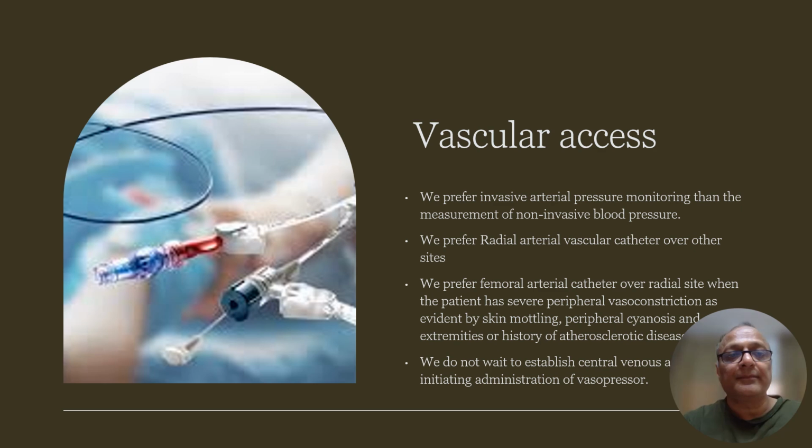We do not wait to establish central venous access before initiating vasopressor, as it delays administration. We start norepinephrine with a wide bore peripheral cannula in the upper limb, awaiting central venous catheter placement.